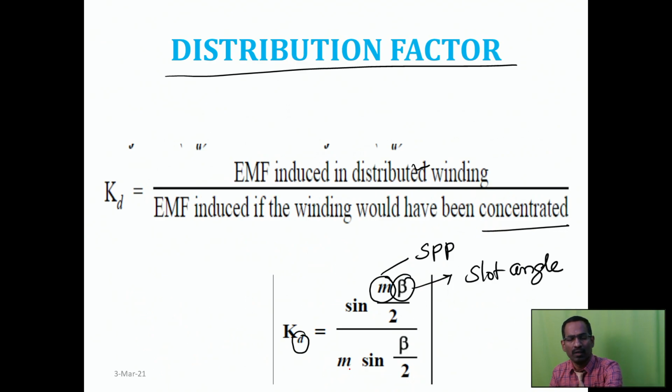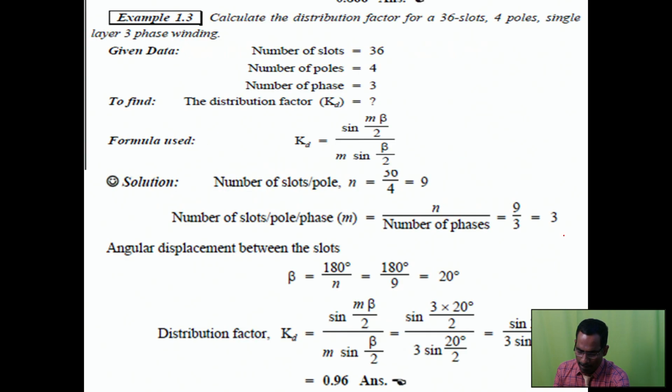Next, we already discussed the distribution factor. Here we are comparing the EMF induced in the distributed winding to the EMF induced in the concentrated winding. Now we will calculate the distribution factor.